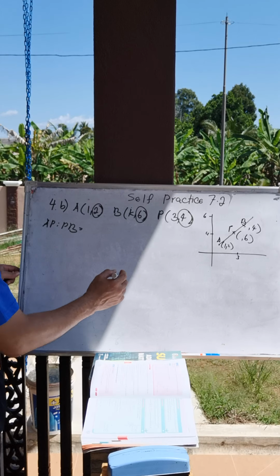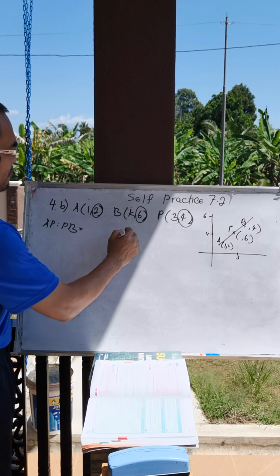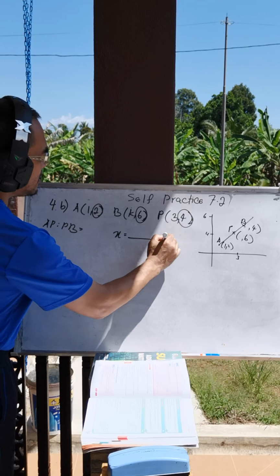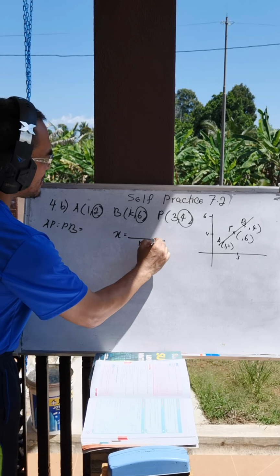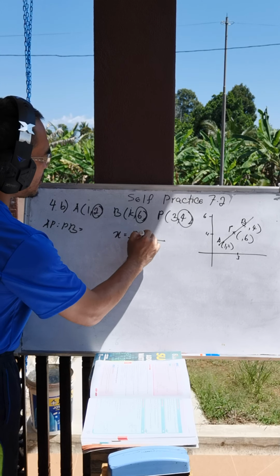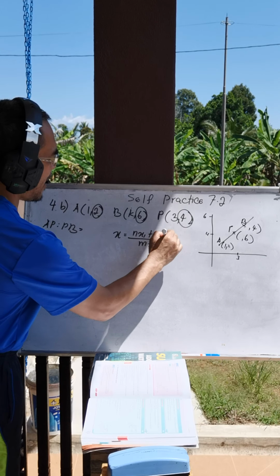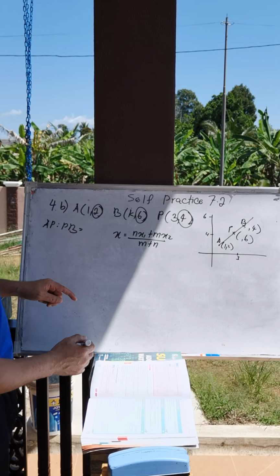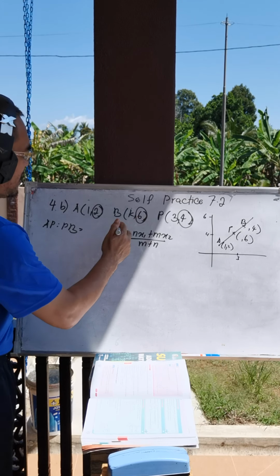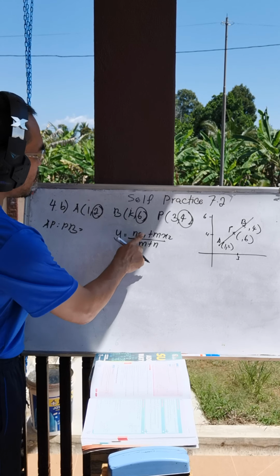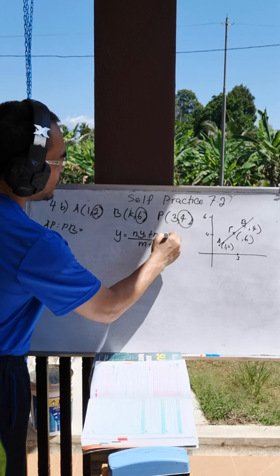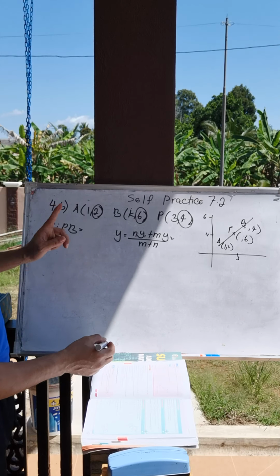Okay, the formula for the ratio is X equals (N times X1 plus M times X2) over (M plus N), and we have to replace everything. Okay, this is a mistake. We need to use the Y, so everything must be Y1 and Y2. Which Y is this?